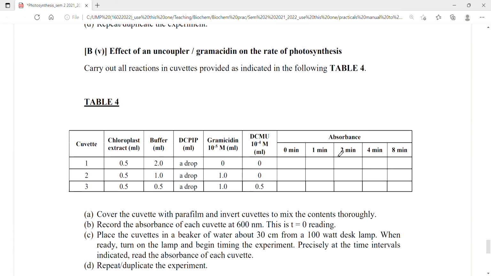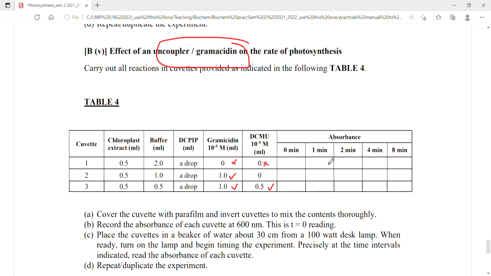Okay, and one more is gramicidin. This one we also have the DCMU. First cuvette, both also don't have. Okay. Second cuvette have gramicidin, and then third cuvette both gramicidin and DCMU. So what does one do to the other when it's combined?